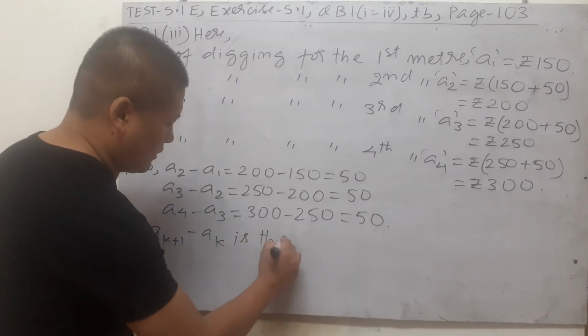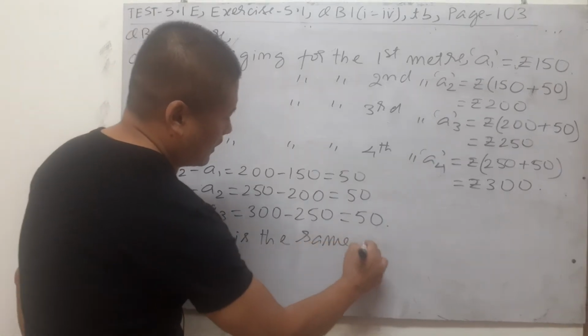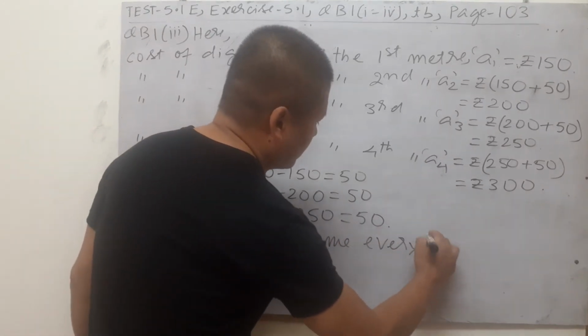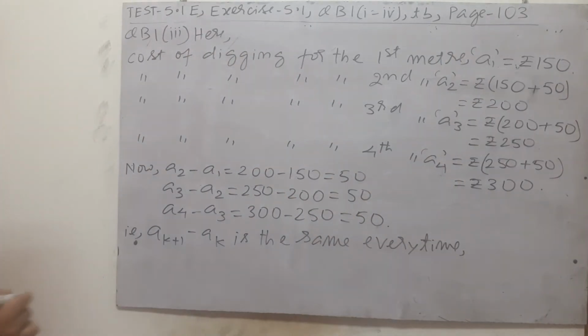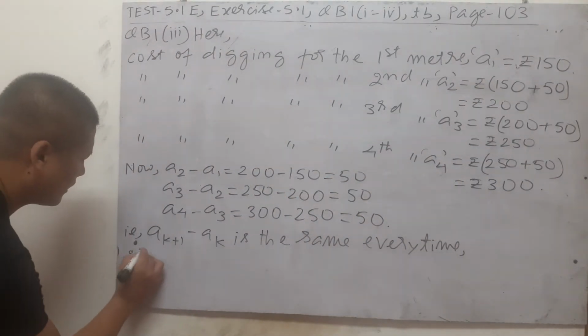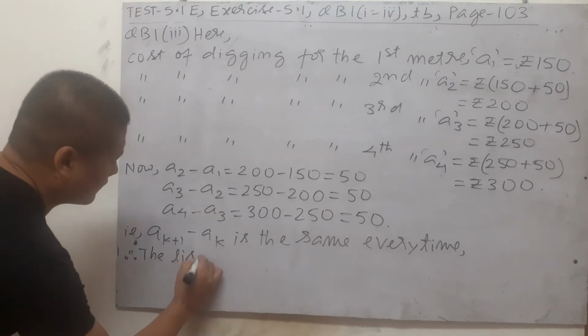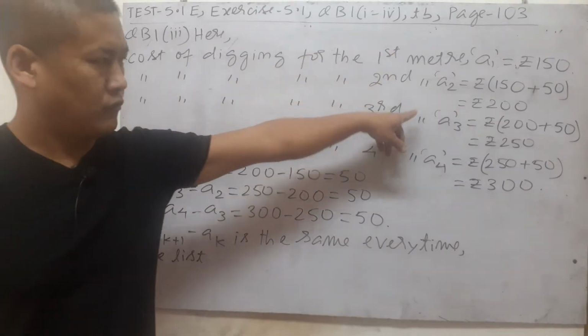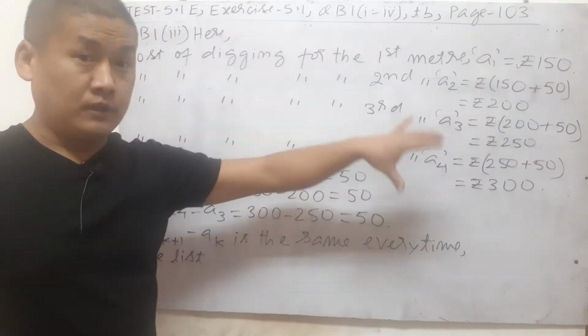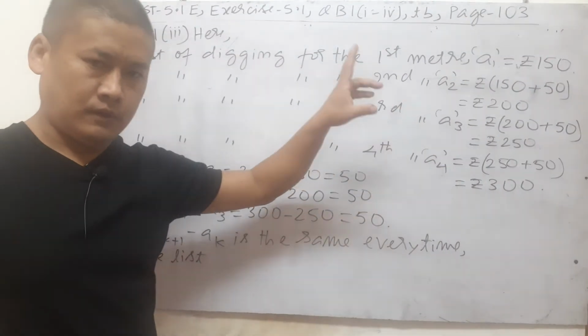It is the same every time. So if it's the same every time, it means the sequence of numbers A1, A2, A3, A4 has a common difference, and if they have a common difference, definitely that's an AP.